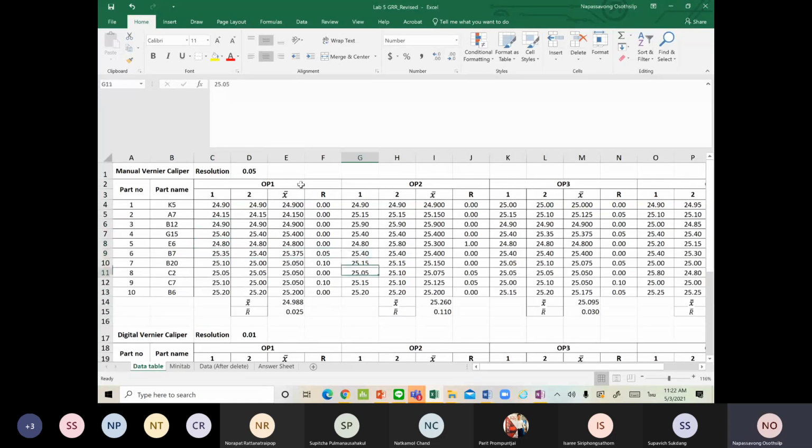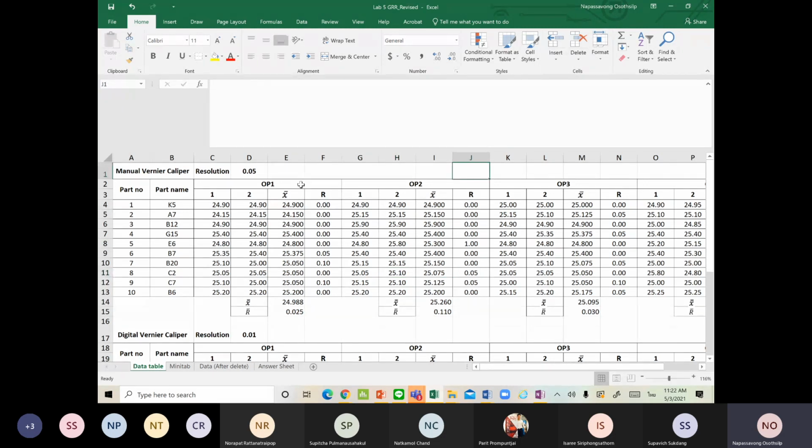This part, operator number 2, the first time he says it's 25.05, and the second time is 25.10. So the minimum difference is 0.05, according to the resolution here.